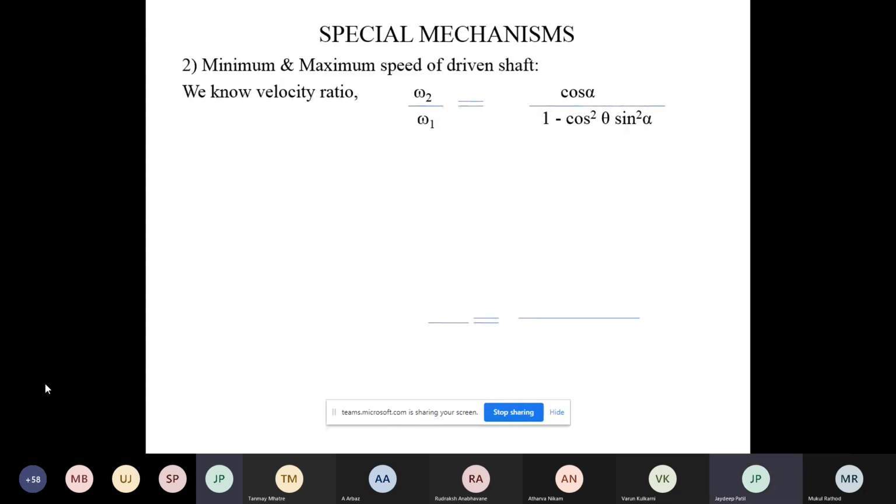Maximum speed कैसे मिलेगा? Anyone? When the denominator is less. Denominator is less means what is the value of cos theta, means how much angle is turned by the driving shaft. Theta, cos theta कितना होना चाहिए? 0 or 1? 0 और 1, cos theta कितना होना चाहिए?